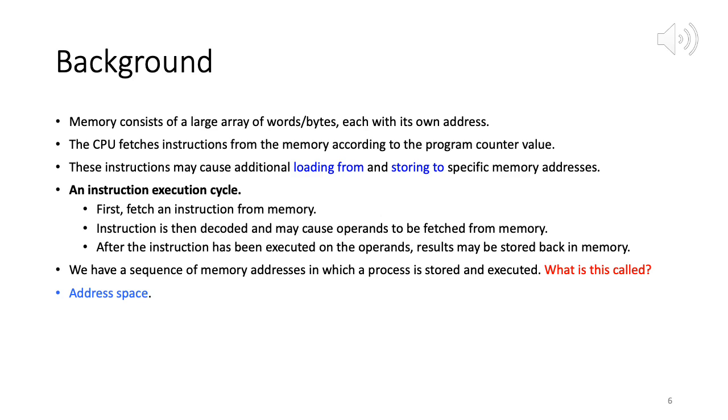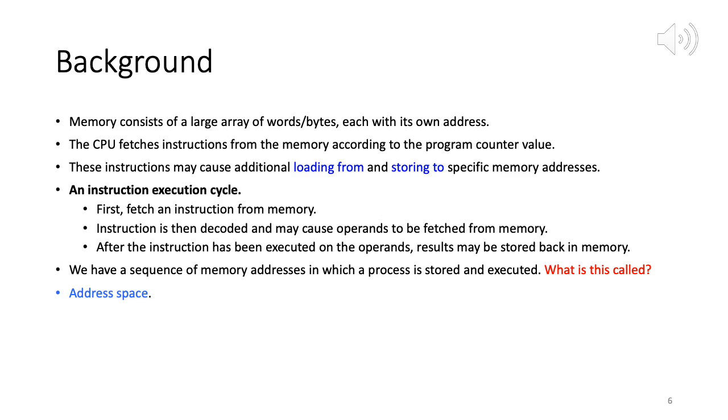The program counter holds the next address at which the CPU goes to fetch the next instruction. Like this, it can fetch data also, and these instructions may cause additional loading from and storing to specific memory addresses. One can load a value from a memory address into the CPU registers, or store a value to a memory address.